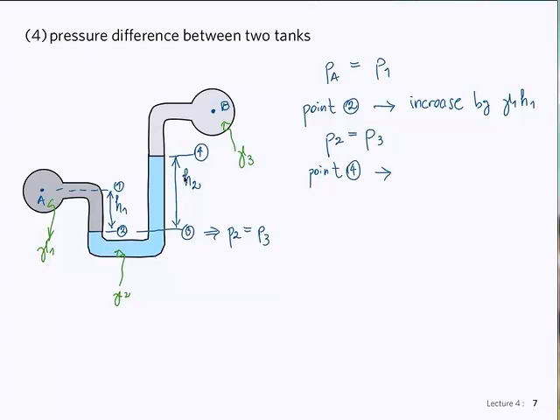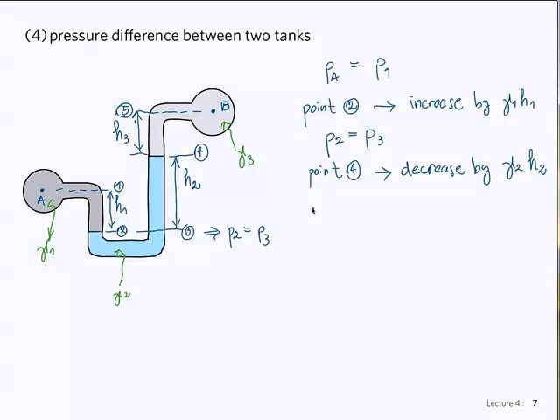Then we need to decrease the pressure because we're going upwards by gamma 2 H2. And then point 5, let's call point 5 right here at the level of B. And we have another height here, let's call it H3.